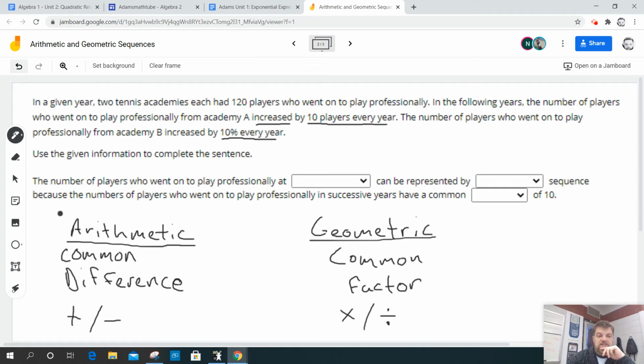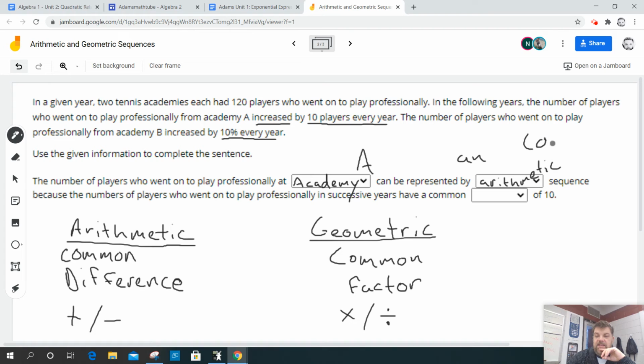Okay, so this says the number of players who went on to play professionally at Academy A can be represented in an arithmetic sequence. Why?